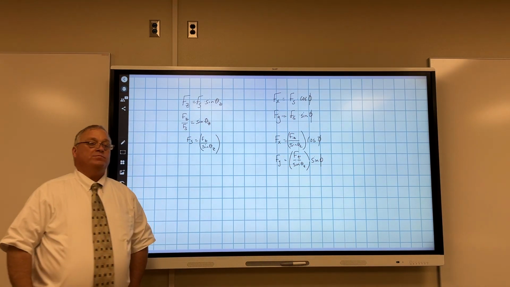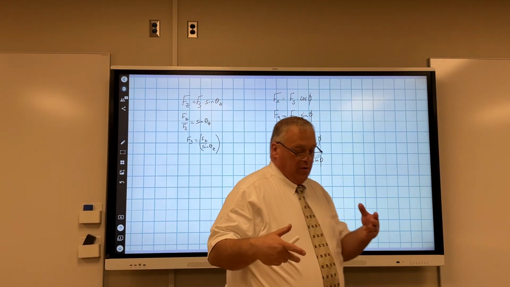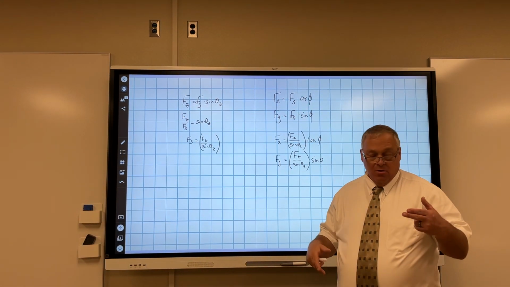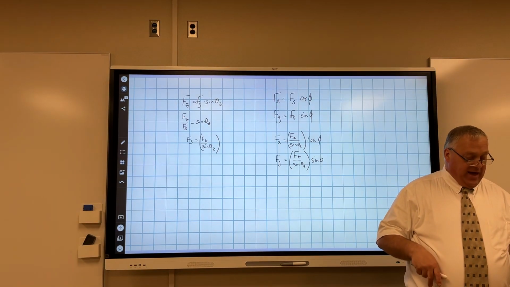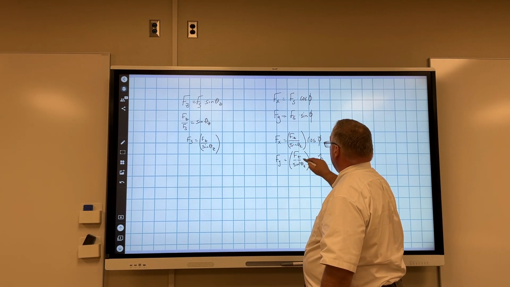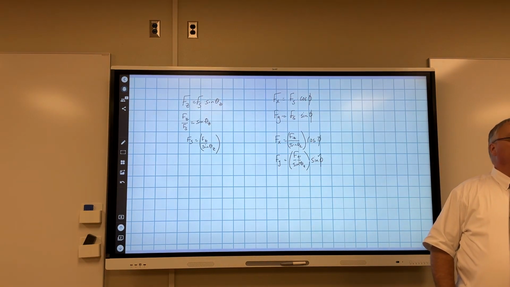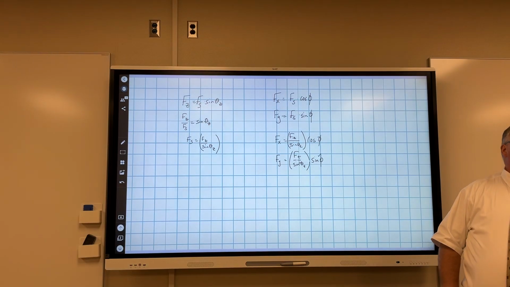Now, when we approach these, we've got to realize that we will be given the angles, or we're going to be given F. One of the two, and one of the angles.